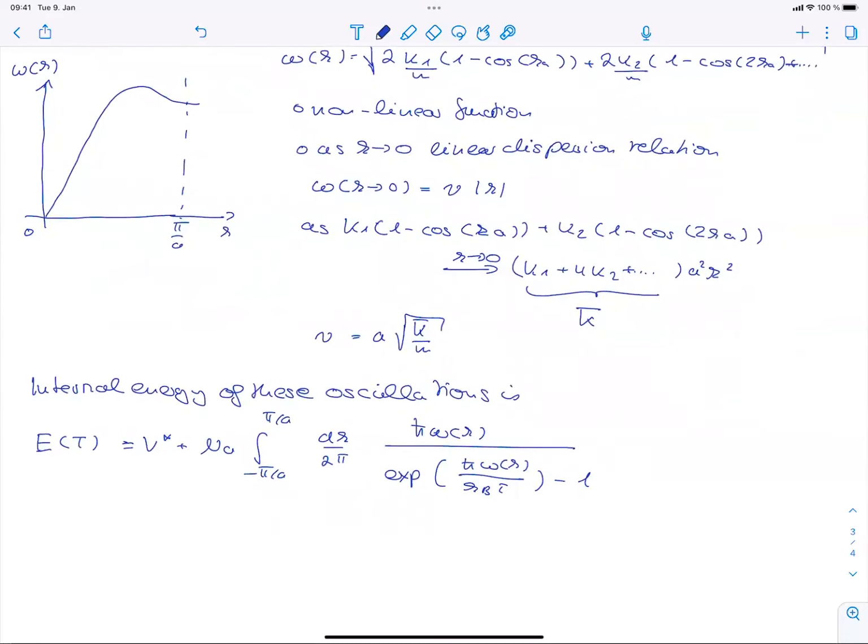And again, we can here look at the behavior at low temperature in a limiting case. Then we know that only at low temperatures, only the small wave number modes will be excited, right? And so only modes with an energy h bar omega k smaller than kBT are excited.